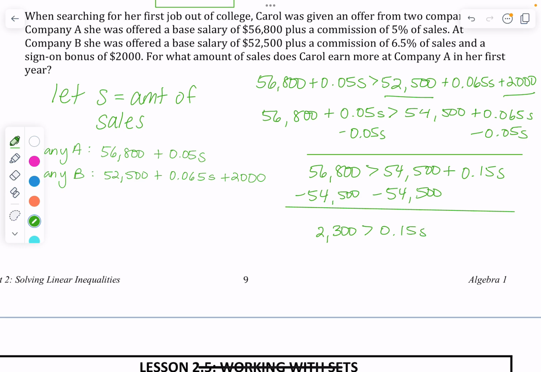And now it should be 0.015. Sorry, guys. I'm going to add in a 0 up here and a 0 right there.